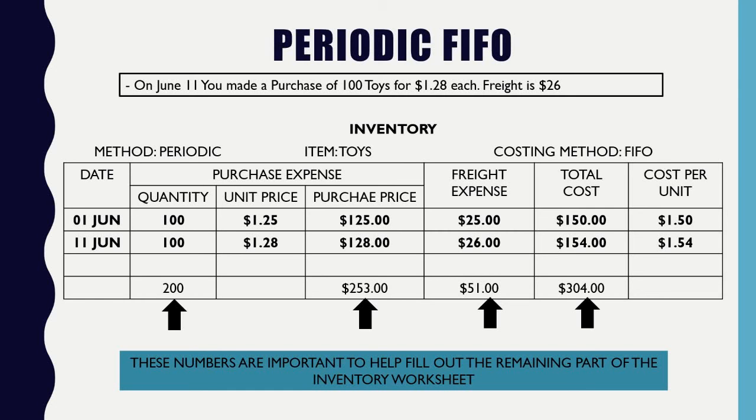So here, by recognizing how I was able to plug it into this table, at least I've been able to recognize that my first batch that I've purchased, the total cost for it is $1.50, okay? And then my second batch that I've purchased, I've already calculated to be $1.54.